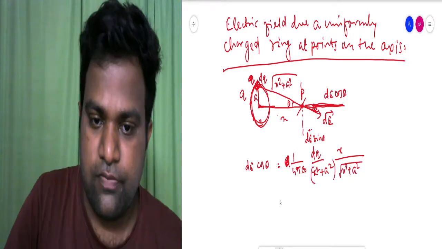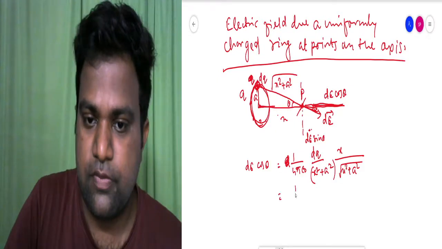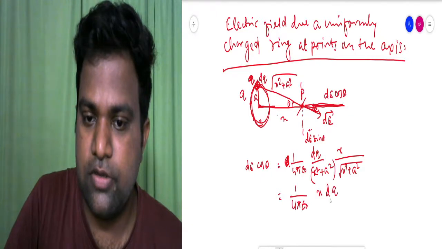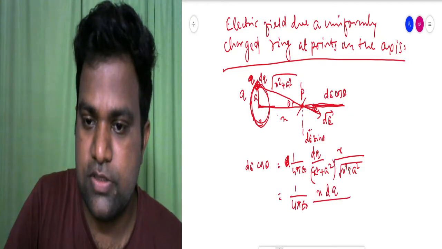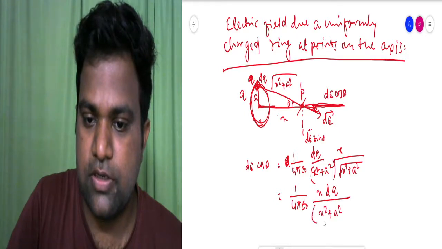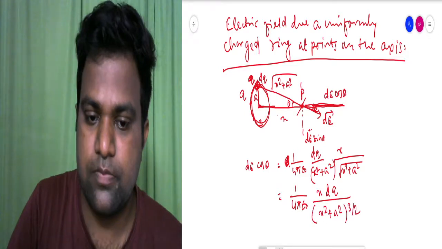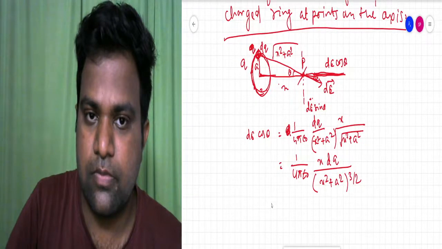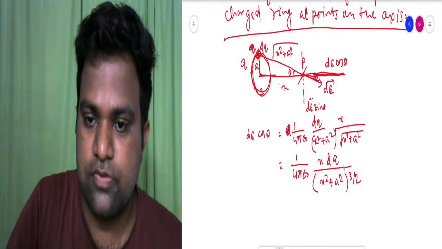Now if we simplify it, it will be 1 upon 4 pi epsilon naught, x dq upon, this is power 1 and this is power half, so we add them, x squared plus a squared power 3 by 2. So this is what you got as your dE cos theta.